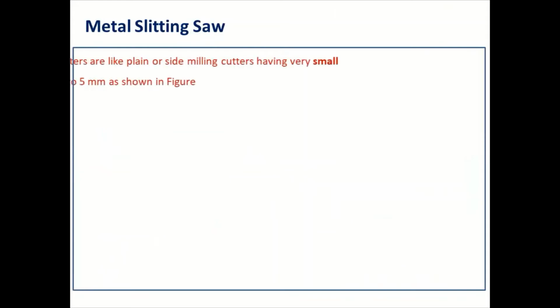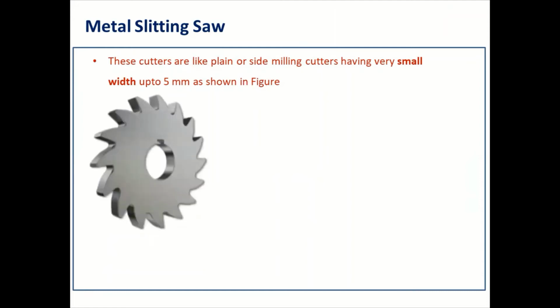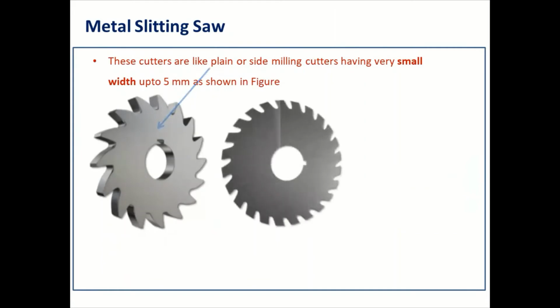Metal slitting saw. As the name is saw, it is just for cutting, so the name saw is given. But in this case, if you observe, these cutters are like a plain or side milling cutter. You can see in the previous slide the plain milling cutter, but here, this is the actual plain milling cutter I'm showing, and this is the actual metal slitting saw cutter, whose width is very small.